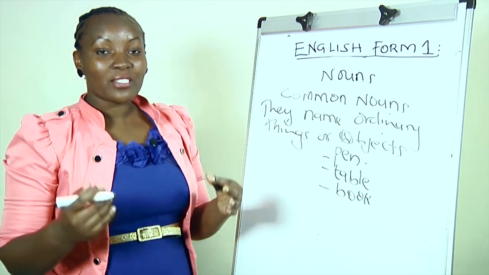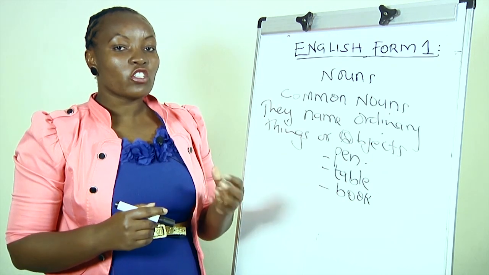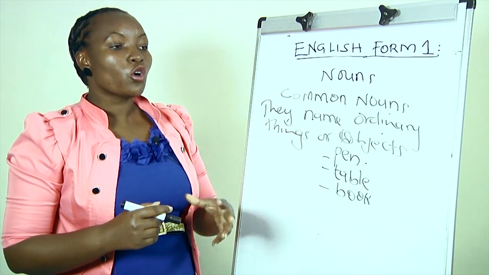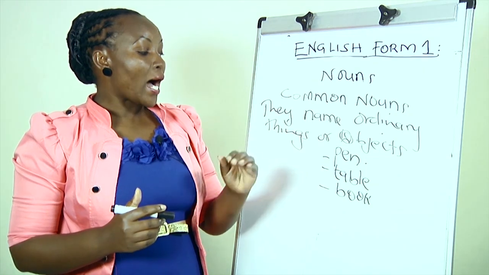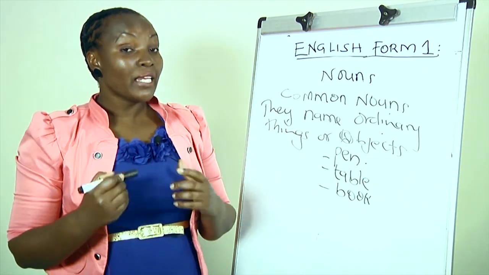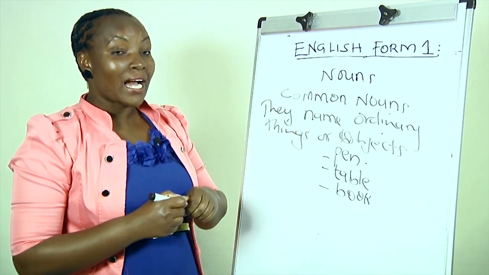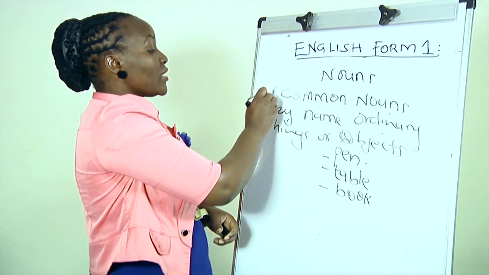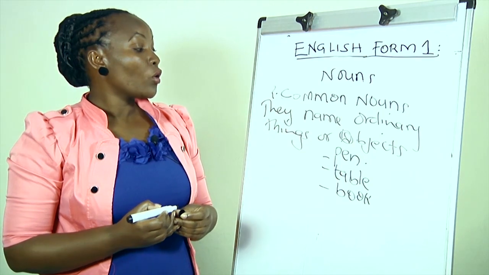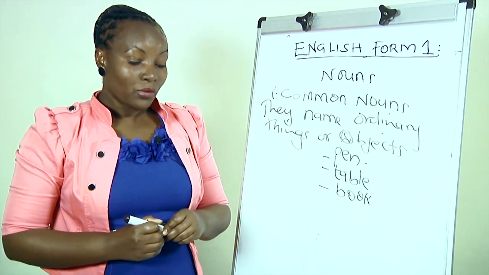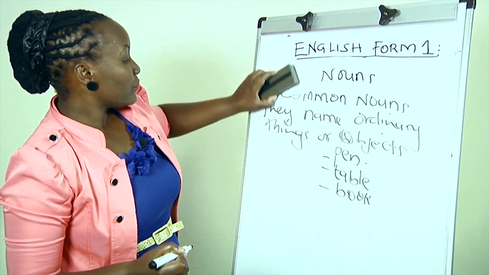So when we talk about common nouns, we are talking about names of ordinary things, the things you see each and every day. Trees, any other animal, a rubber, a ruler. All those are ordinary objects. So when we name ordinary objects, that category of nouns, we call them common nouns. This is our group 2 kind of nouns. Now we move to the third type of nouns.